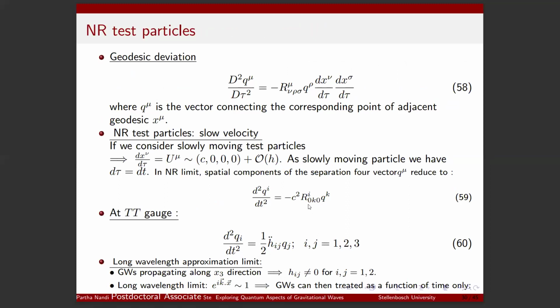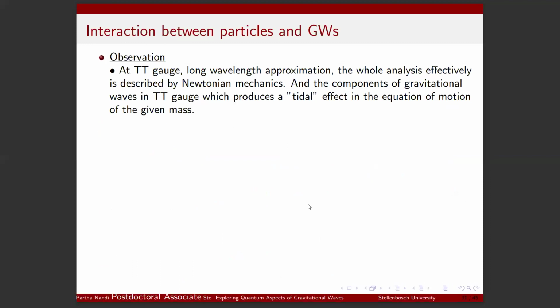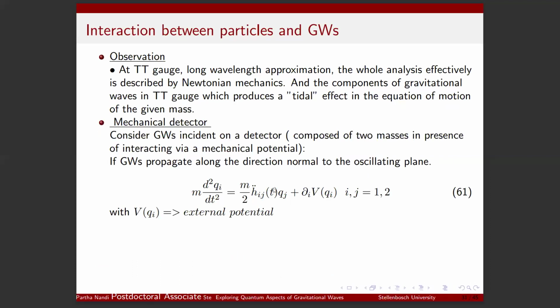Now, if you add some mechanical force, the first term is the geometrical force, but the added mechanical force can be derived from some additional external potential. Then we get an effective equation of motion, where the right hand side involves the force due to the gravitational waves and the force due to the external potential.